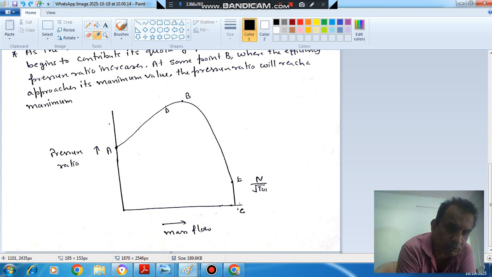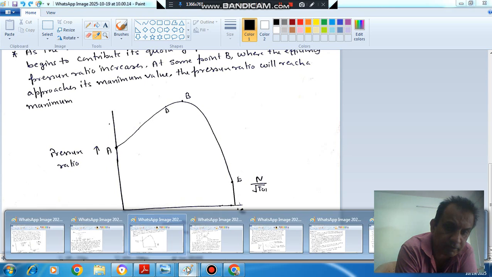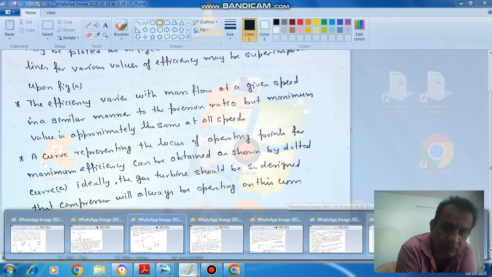If the pressure ratio decreases, it means the final pressure is decreasing. If the final pressure is decreasing, then the density is also decreasing. But we have increased the mass flow rate, so the radial component of velocity must increase.